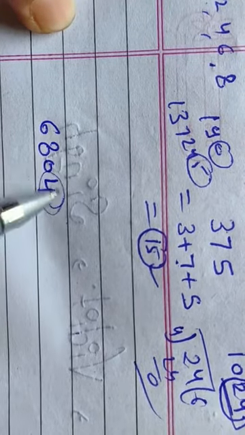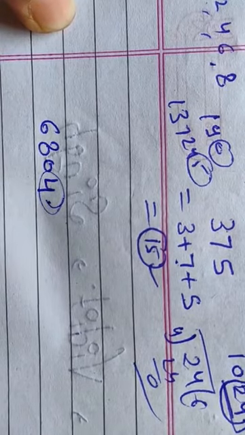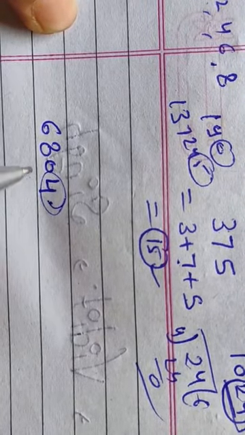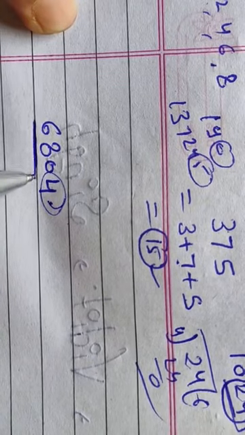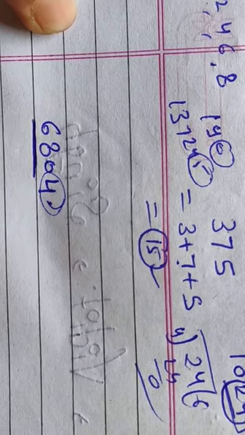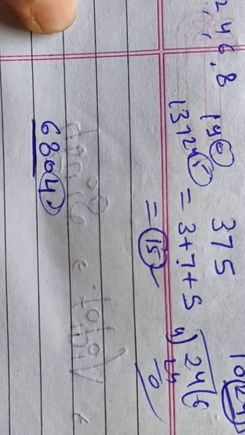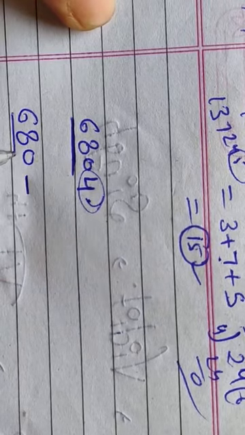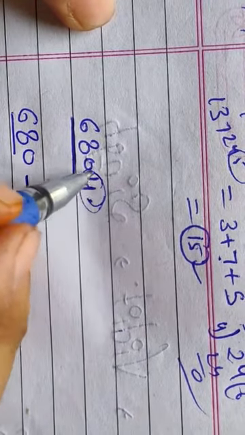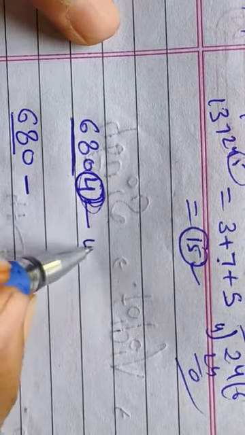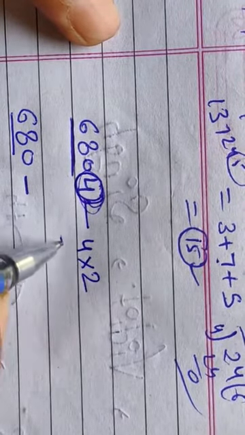It is divisible by 2 because the last digit is 4. That is another method. Now we will check whether it is divisible by 7 or not. So first we will write the remaining digits. The number is 680. Now we will subtract from this 2 times the one's place digit. The one's place digit is 4, so 2 times is 8.